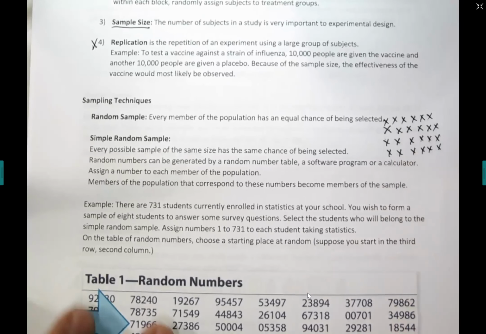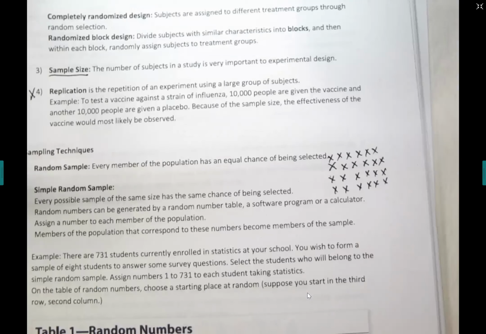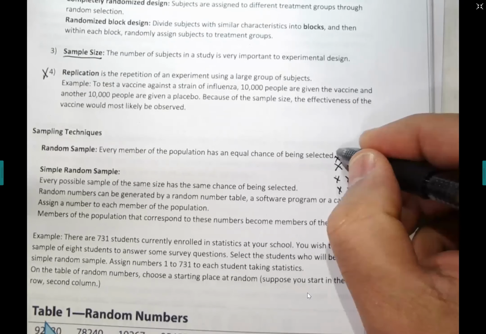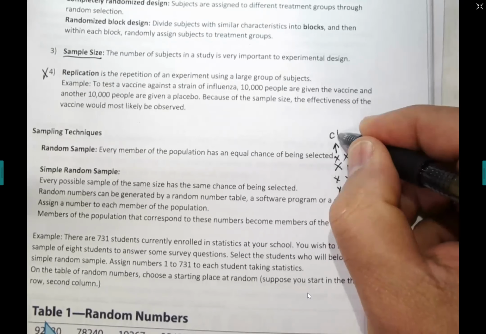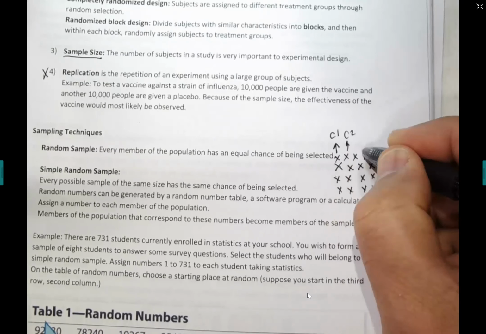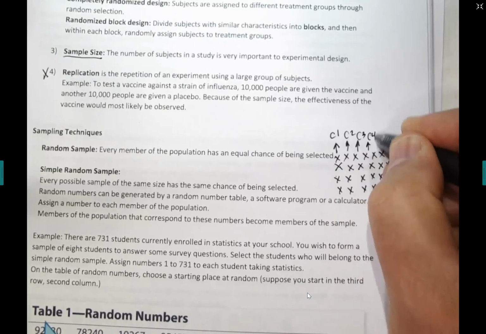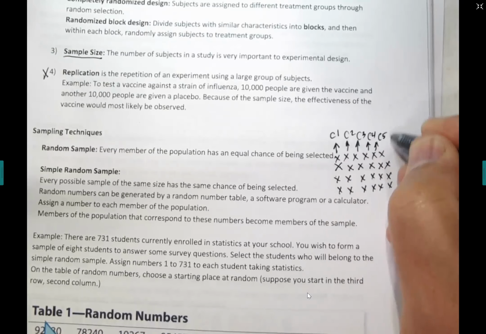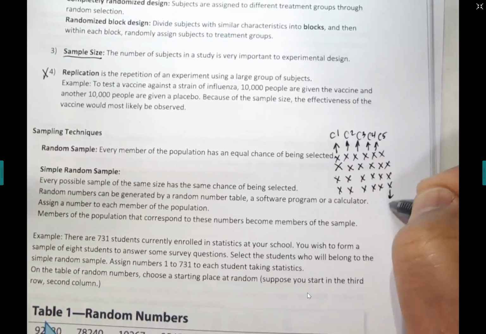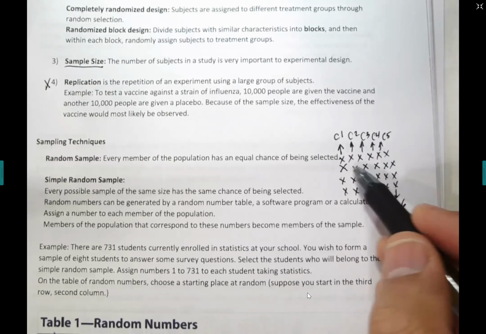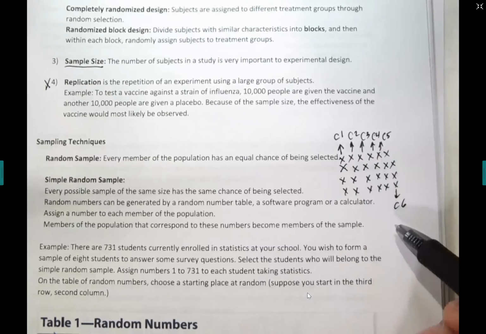So this is the first column, this is the second column, this is the third column, 4th, 5th, and this is the 6th one. So I have 24 students in the class, sitting in 4 rows and 6 columns.